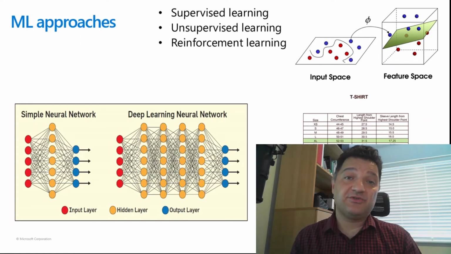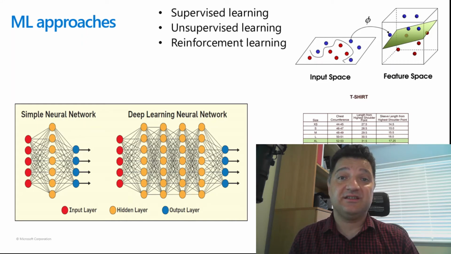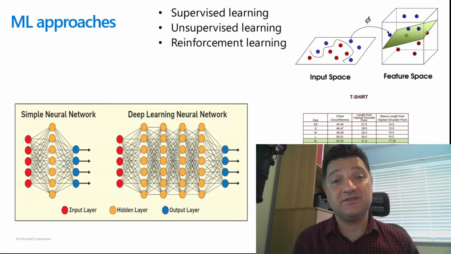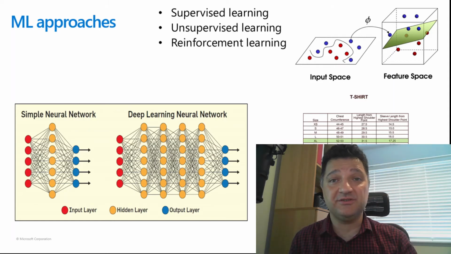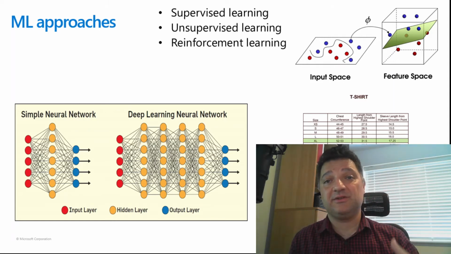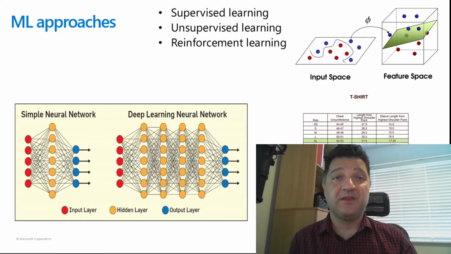There are other approaches of machine learning, as I said, and there are many different algorithms under each category of machine learning. Deep learning, we mentioned neural networks, but it's not limited to these popular approaches.